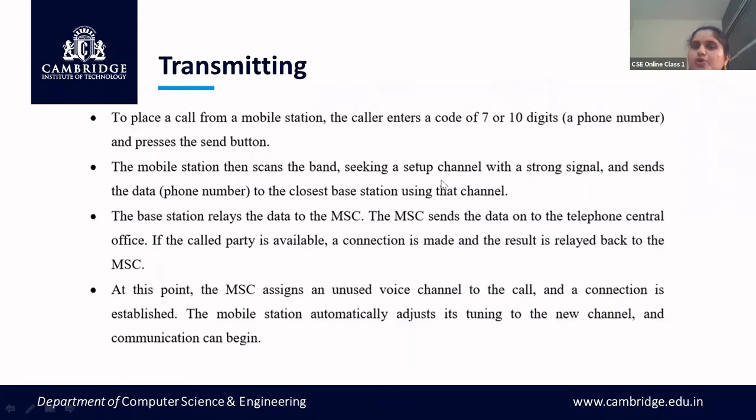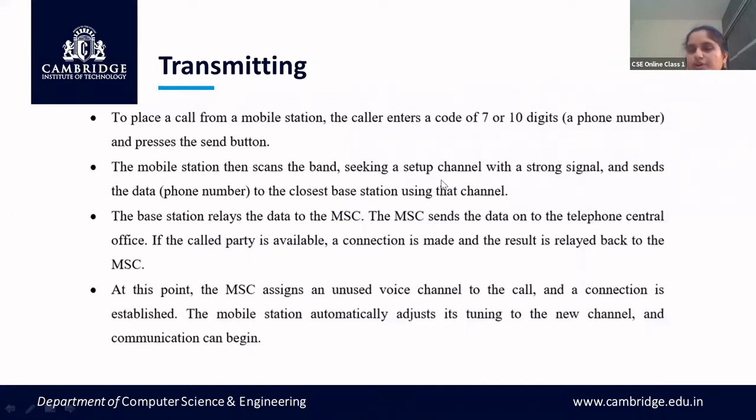Once it comes to know that information, it will find a channel with a very strong signal, and once it finds the channel, it will send the data, that is your phone number, to the closest base station.